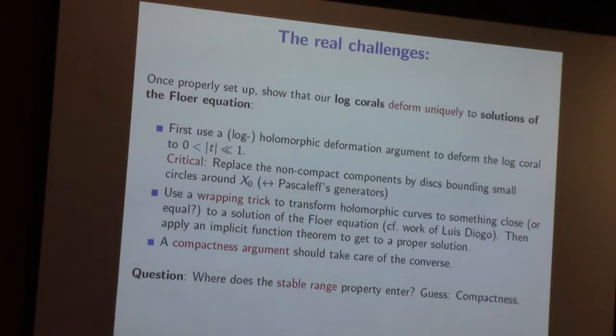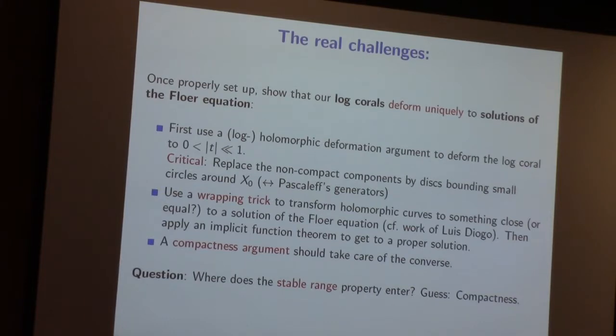Okay, so once this is set up, and you believe you have the right setup, there are the real challenges. We have to deform our log curves uniquely to the solutions of the Floer equation. Okay, so here's some sketch on how this might work. Might all be nuts, but that is some way I could believe things could fit together.